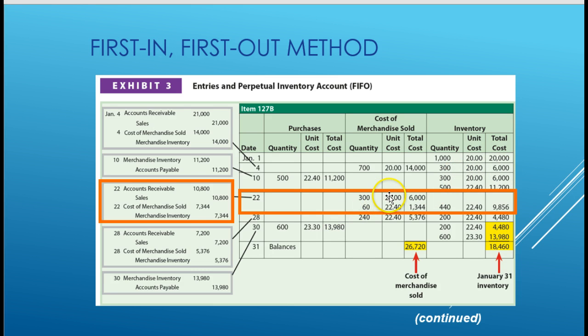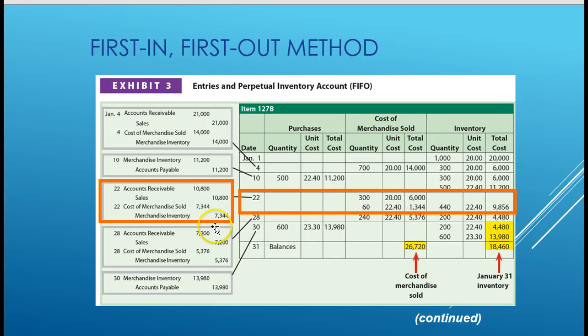So that's 300 at $20, that's $6,000. That means I'm incorrect, it's 360. I'm sorry. So we are going to then take 60 from that 500. That's 60 at $22.40, so a total of $1,344.